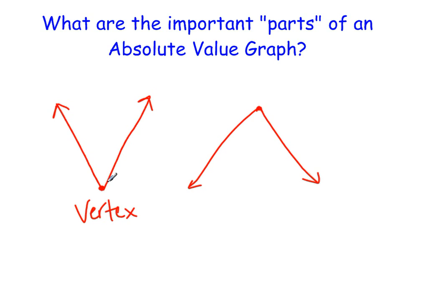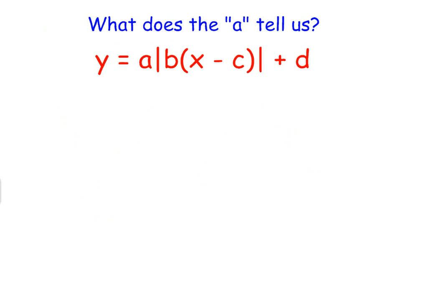And the slope of both these rays are going to be equal, except one side is going to be positive, one side is going to be a negative slope. Likewise here, here's our vertex. One side is going to be positive, the other side is going to be negative, so it flip-flops when it's upside down. So the things we care about is what direction does it face, we care about our vertex, and then we're going to care about the slopes of the sides of our absolute value.